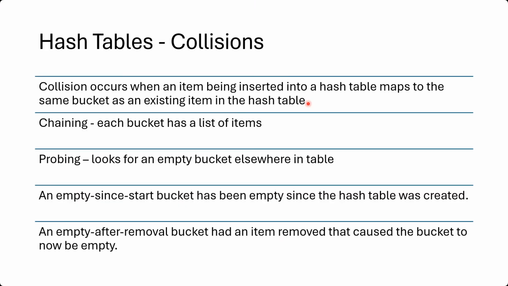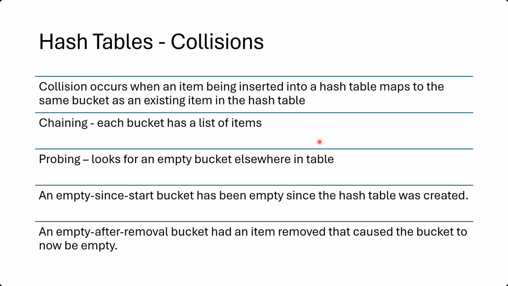We have two options. The first is chaining. That means that instead of having one value in there, we're now going to change that value from an integer to some sort of a list. We'll have a list of integers there. Maybe one, maybe two, maybe we don't know. N. That's really what it is. It's N number.